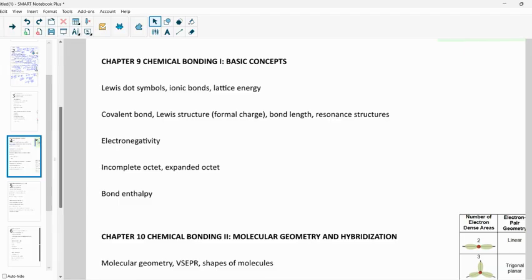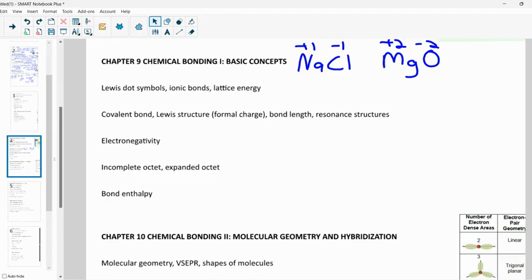If I had two formulas, NaCl and MgO, which one of these is going to have a higher lattice energy and why? Why MgO? +2, -2. +1, -1.